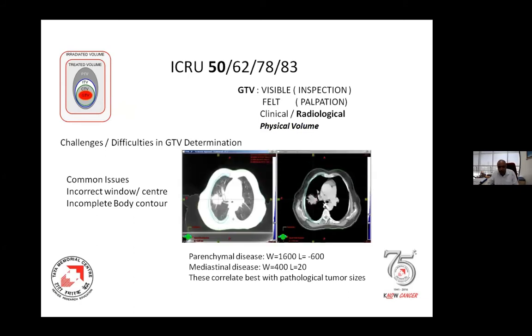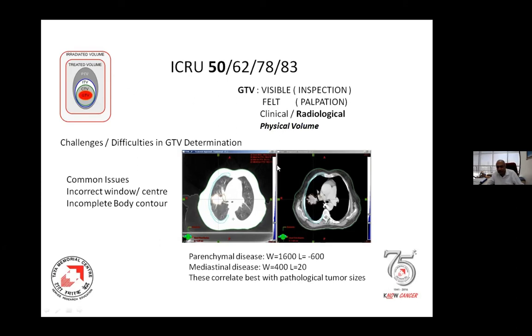Similarly, what do I see here? Let's say a lung. One of the common challenges why we have not been able to mark the correct GTV is inappropriate use of window. Can you see this window? This is my mediastinal window. In this Eclipse, I'm an Eclipse user, but nothing meant against other users, like Monaco is not good or Concentra is not good.